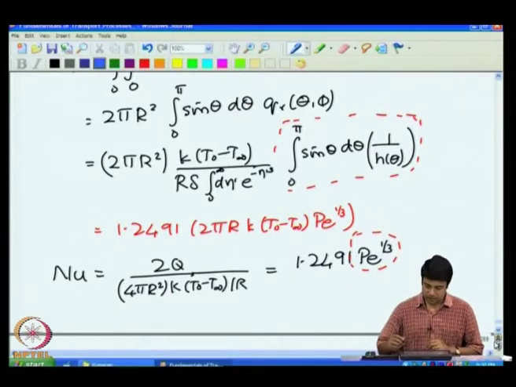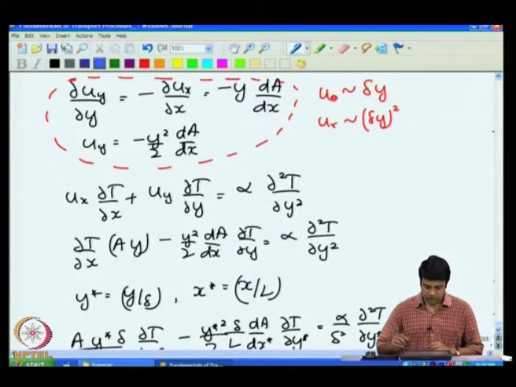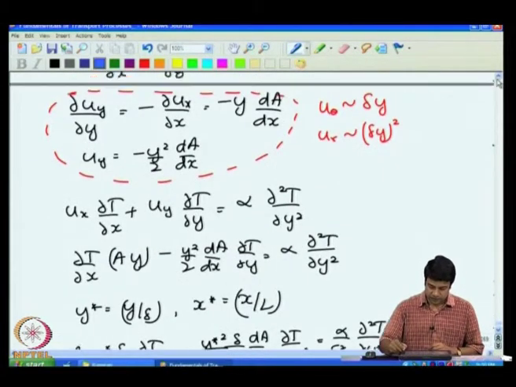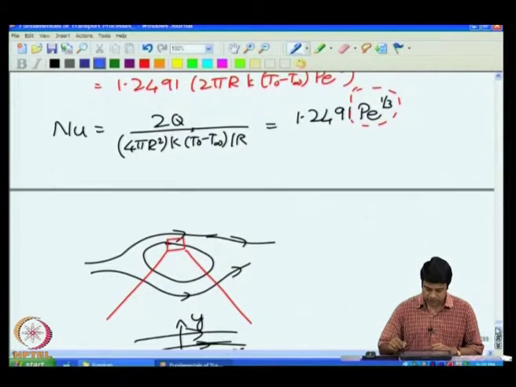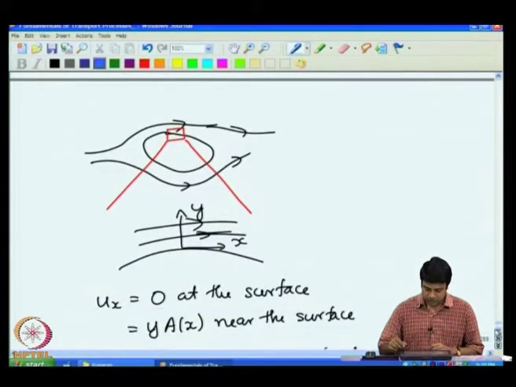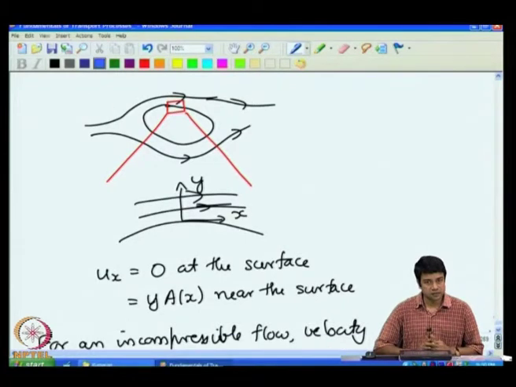In fact, as I showed you in the previous lecture, for any object which satisfies the no slip boundary condition at the surface, the tangential velocity has to go to 0 at the surface. If there is a net shear stress, so that the velocity gradient is non-zero, that means that the tangential velocity has to go as y, where y is the distance from the surface.